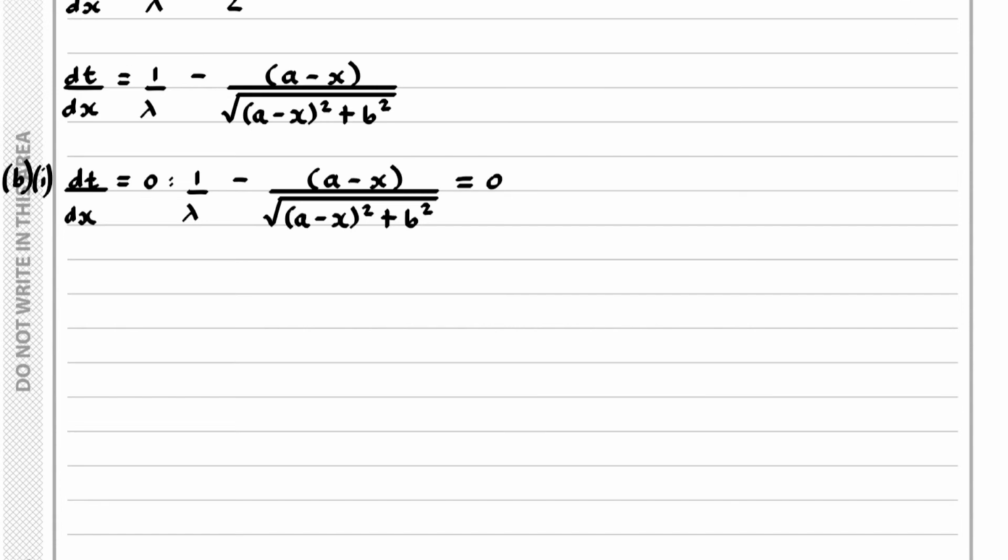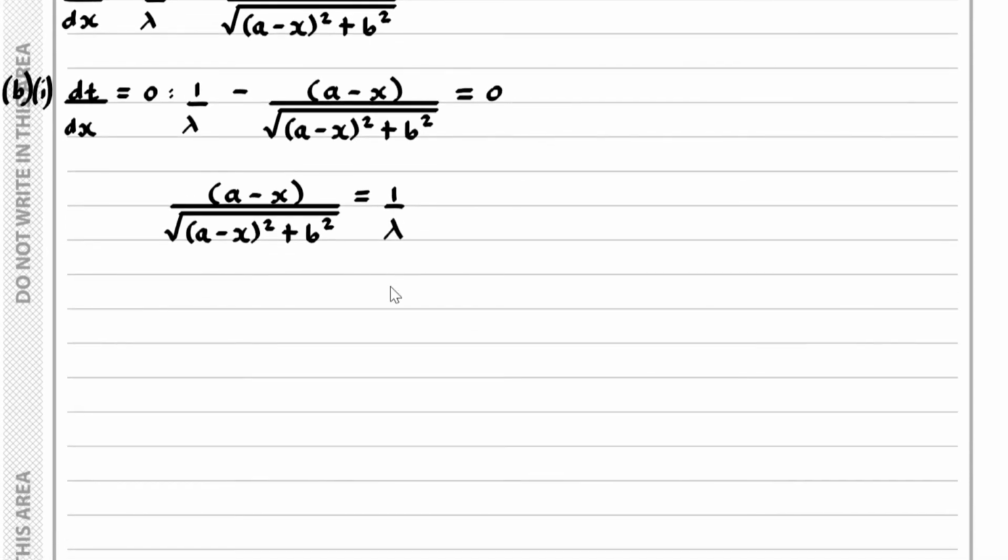Well, if we rearrange, we have (a subtract x) over the square root of (a minus x) squared plus b squared equaling 1 over lambda. And so if we cross multiply, we have lambda multiplied by (a minus x) equals 1 times by the square root of (a minus x) squared plus b squared.